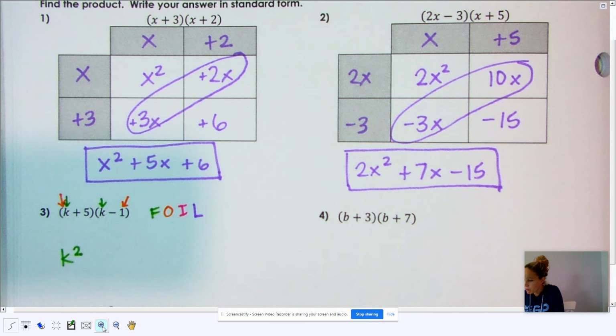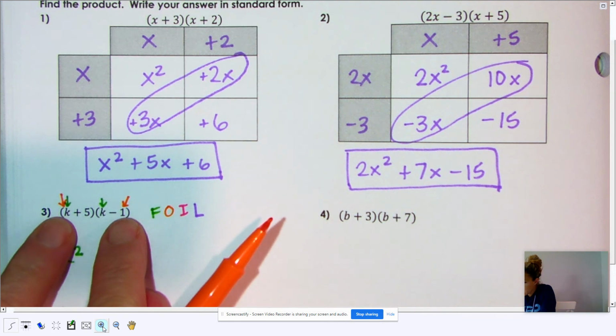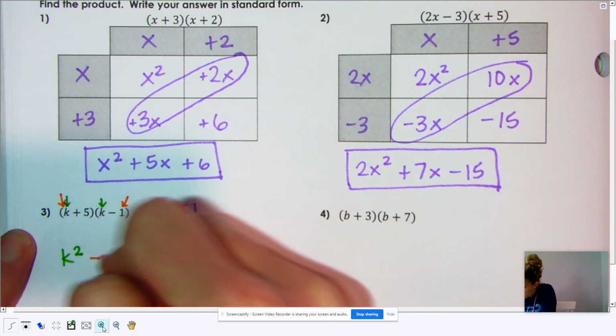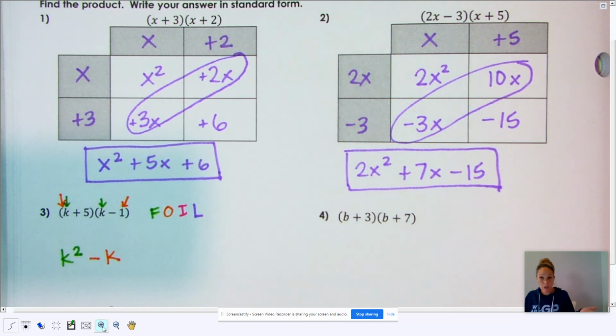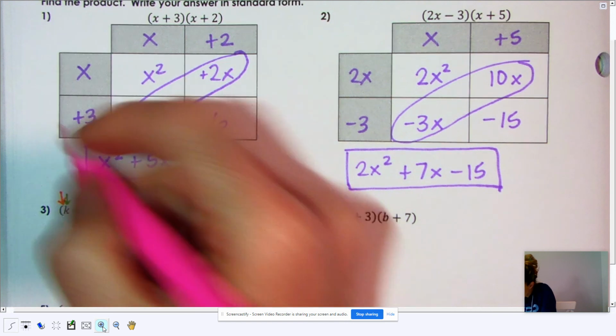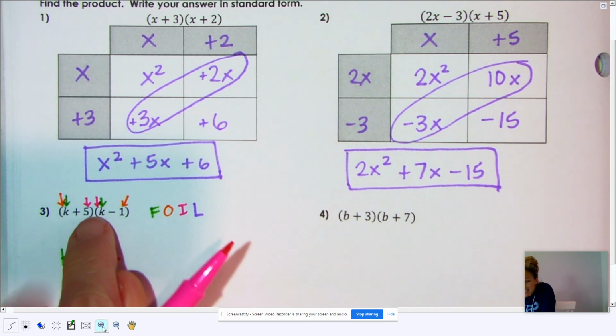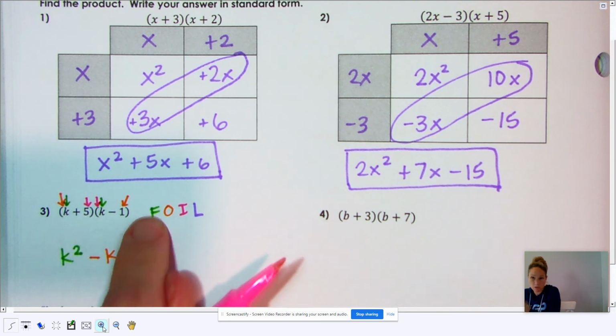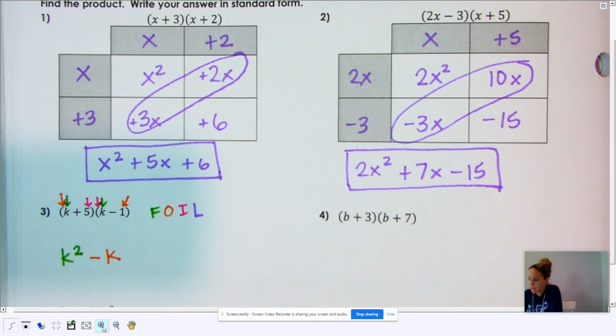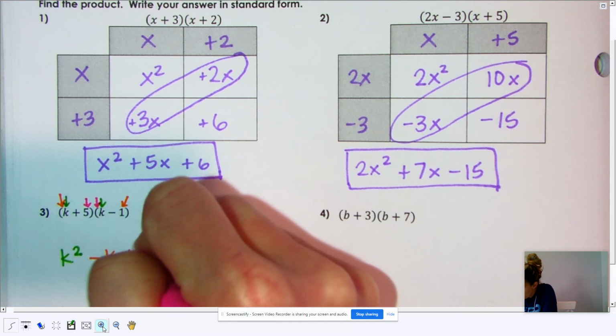We did our first, now we're going to look at our outers. So k times negative 1 would be negative k, or negative 1k. And then we're going to do our inners. So the inner ones would be the 5 and the k, which are on the inside of those. Those are both in the middle. So those are our inner values. So we're going to go plus 5k.